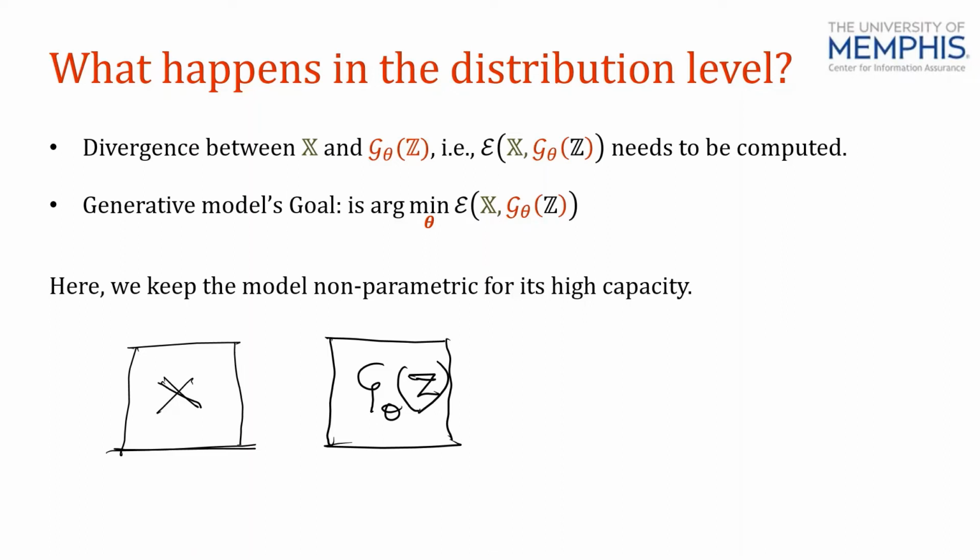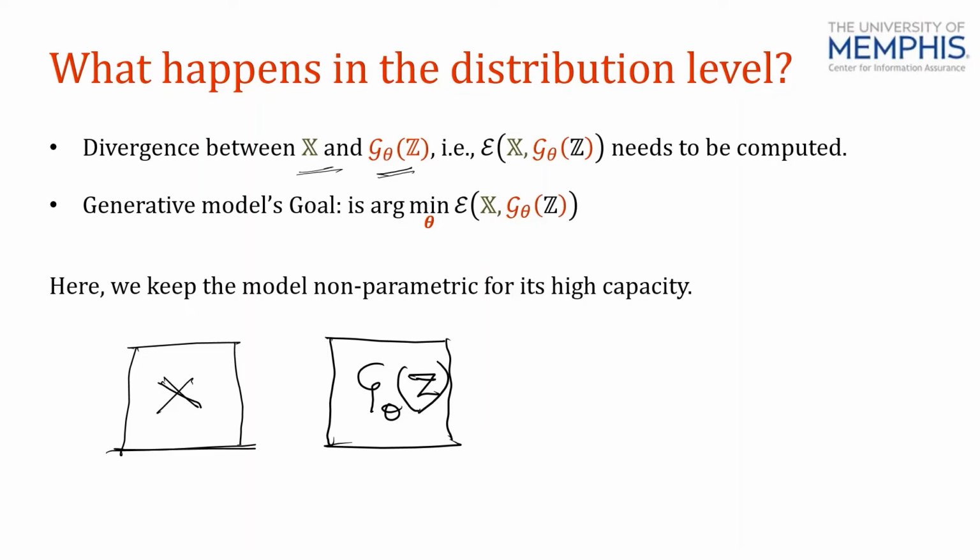Now, in this slide, we try to understand what needs to be done to make the fake sample look very real. One thing, we have to minimize the divergence between the original distribution, that is the script X that we already assumed, and the fake distribution, that means the generated distribution.